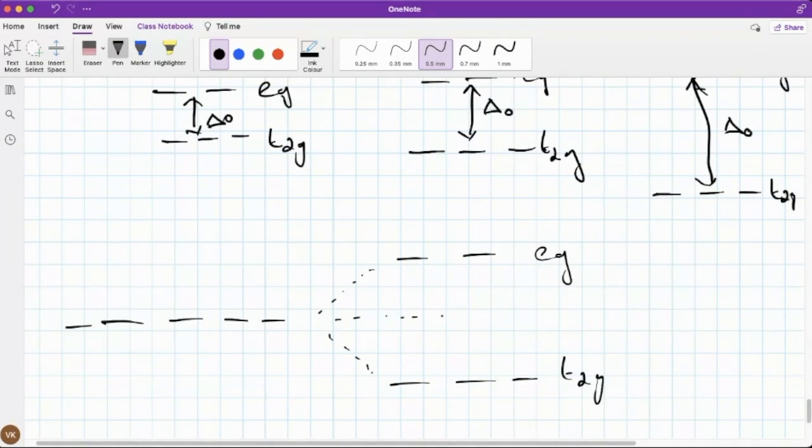With the hypothetical state, T2g is minus 0.4 delta naught and Eg is 0.6 delta naught. Depending on the number of electrons, one can calculate the crystal field stabilization energy.